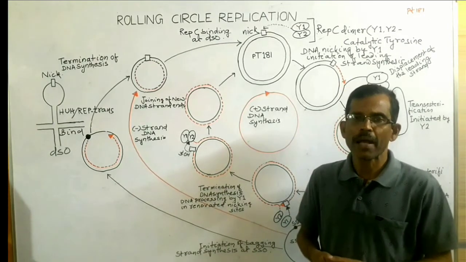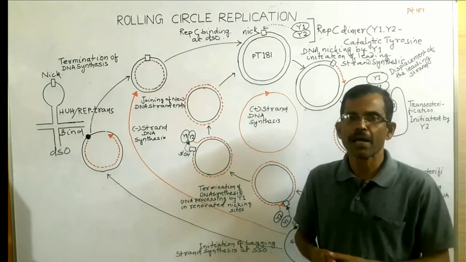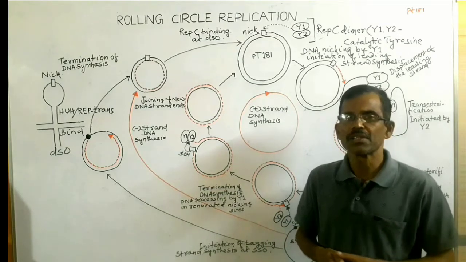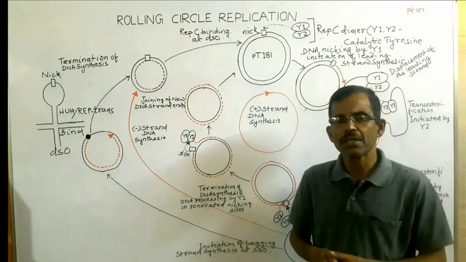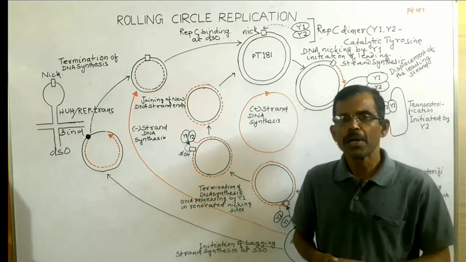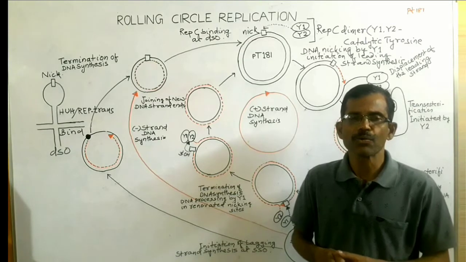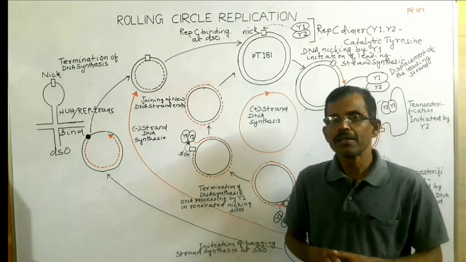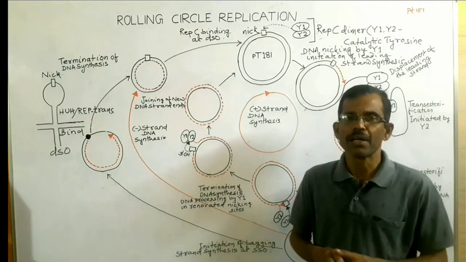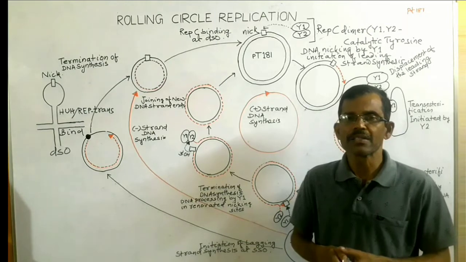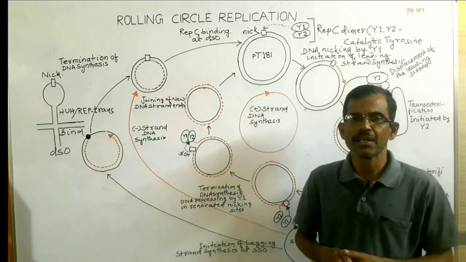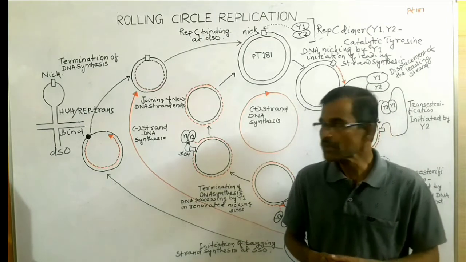This 3' end will be used as a primer for the synthesis of the leading strand, and the replication initiator protein remains covalently attached to the 5' end of the nicked DNA until the replication of the leading strand is terminated and the circular single-stranded intermediate is released.